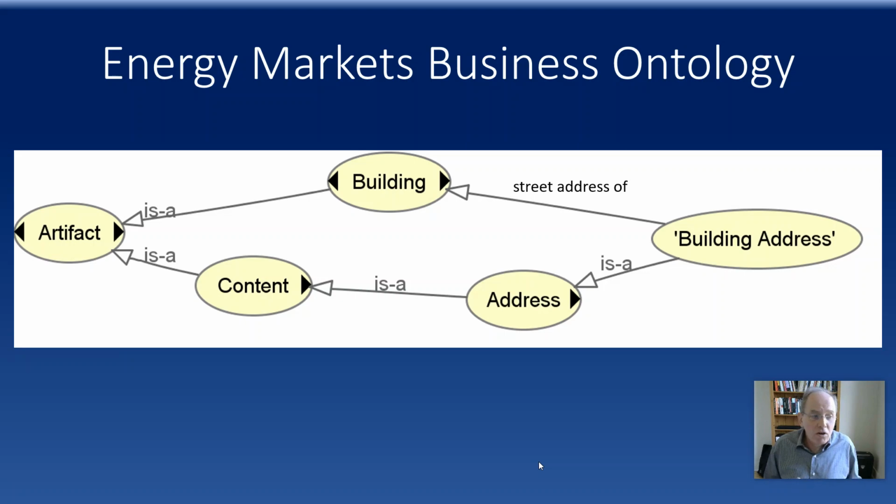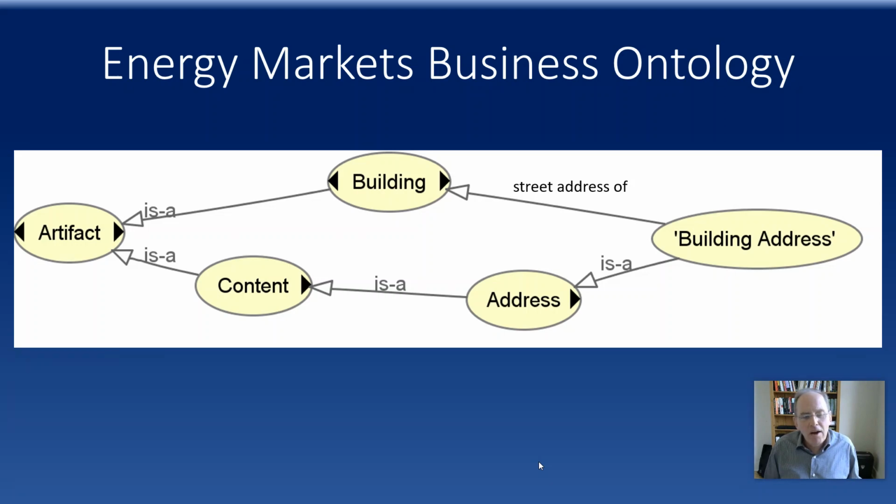So consequently, it also is an artifact. And you can see here on the relationships that we've used, using the traditional arrows, that those relationships are ISA relationships to artifact, and they are directional.